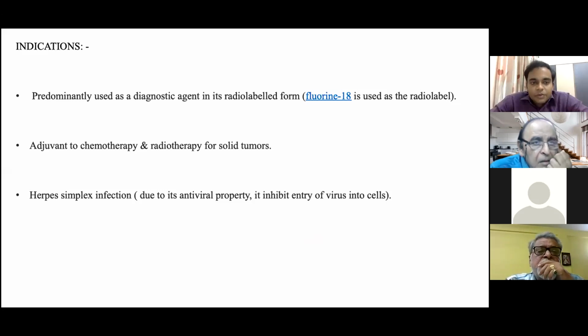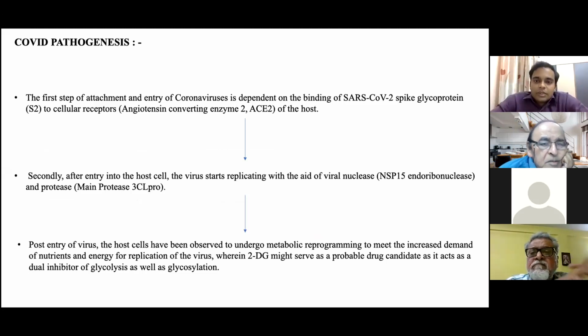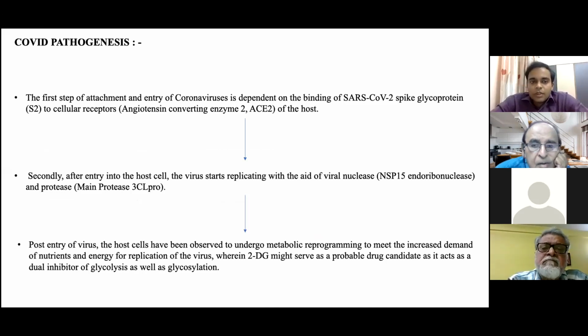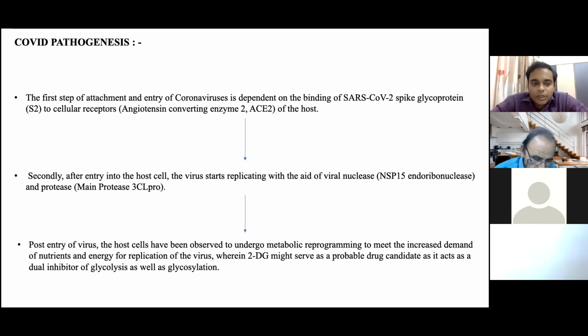and phase 1 and phase 2 studies are there as an adjuvant to chemotherapy and radiotherapy for solid tumors, and even in herpes simplex infection, because of some sort of antiviral property as it inhibits entry of virus into the cells. When we look at the COVID pathogenesis, entry is the most important step. It depends on binding of SARS-CoV-2 to cellular receptors, which is primarily ACE2. Secondly, after that, the virus starts replicating, and viral nucleases and proteases are there.